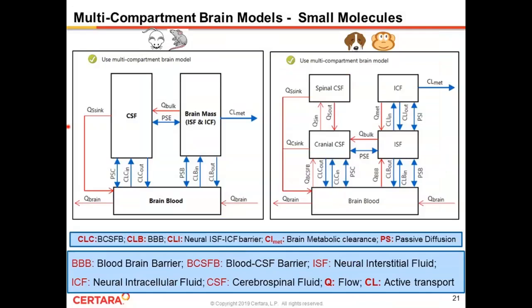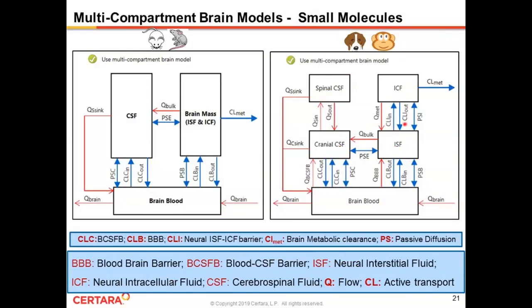So in the animal models, we have two types of the multi-compartment brain model. In the rat and the mouse, or in the rodents, we have a 3-compartment brain model, which divides the overall brain into the CSF compartment, the brain mass compartment, and the brain blood compartment. Whereas in the dog and the monkey model, we have the CSF, which is further divided into the spinal CSF and the cranial CSF, and the brain mass compartment is divided into the intracellular fluid compartment and the interstitial fluid compartment.